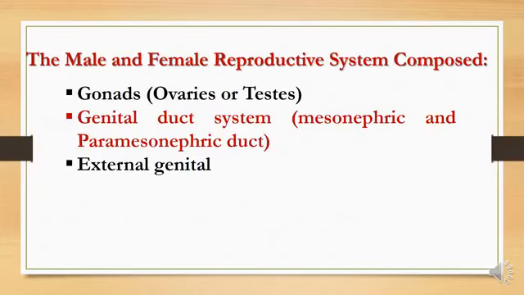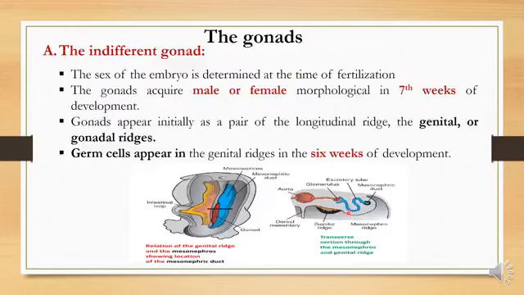The male and the female reproductive systems are composed of the gonads, ovaries or testes, the genital duct systems, mesonephric and paramesonephric ducts, and the external genitalia. Initially, the indifferent gonad.